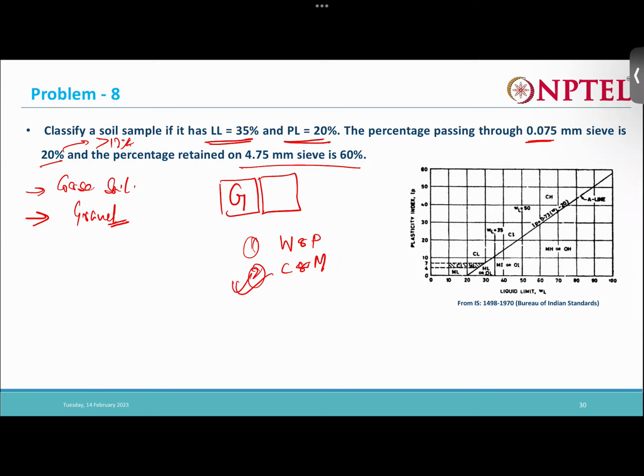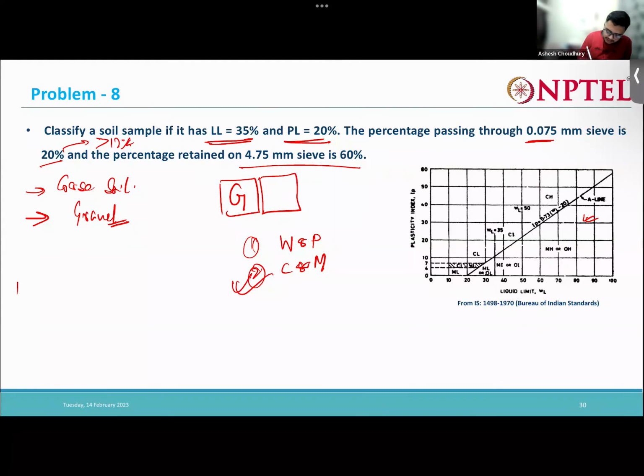So it may be that the soil is on the A line. The soil is under the A line, meaning below the A line, you are saying? So it's above the A line actually. Let us see. First of all, let us find out the plasticity index.